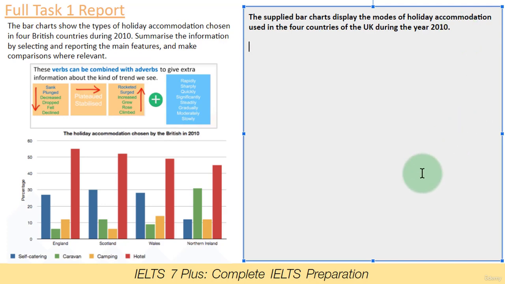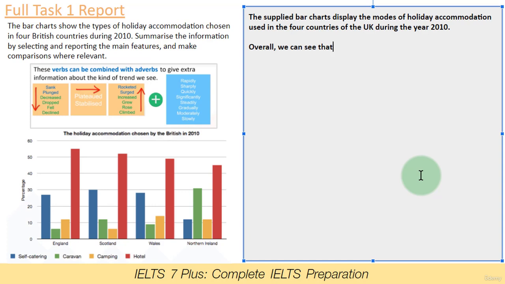Now, one thing I refuse to do is to change my overview opener. Overall, comma. I really do like using this. Overall, we can see that. Pretty much always I can start my overview with this.